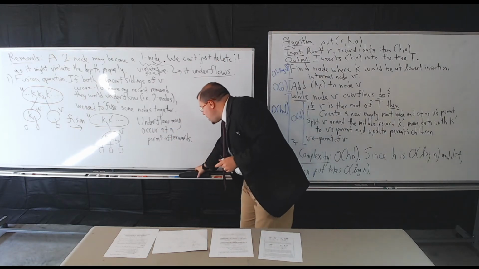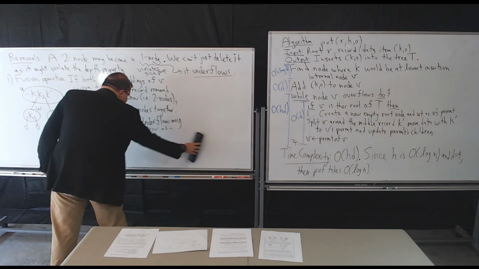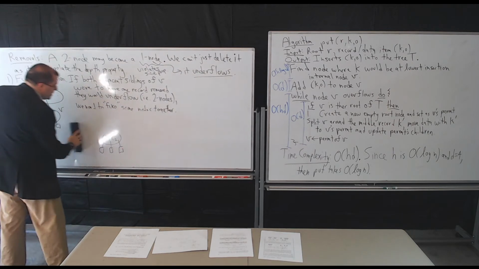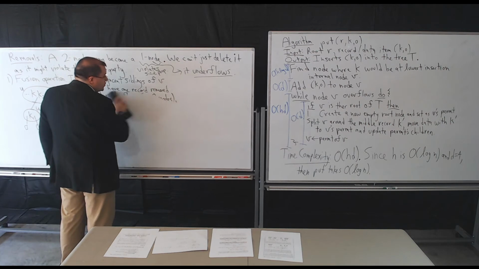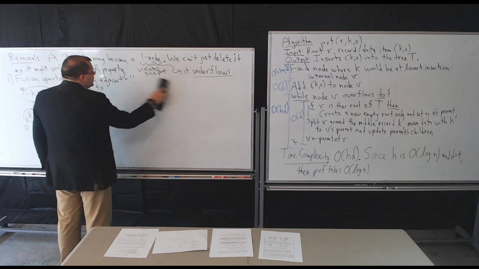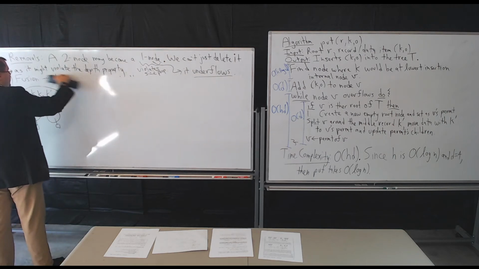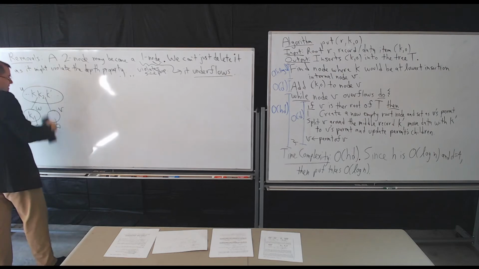Now, another possibility is, if I look at this picture that I have here, there's also the possibility that I may have a sibling that does not underflow, if I indeed have something I can borrow from a sibling, one of my adjacent siblings.